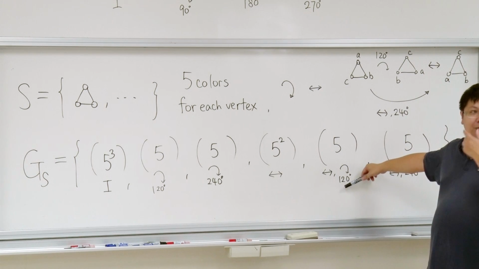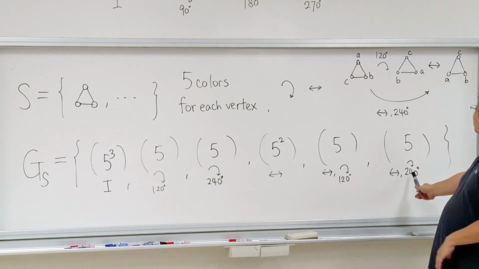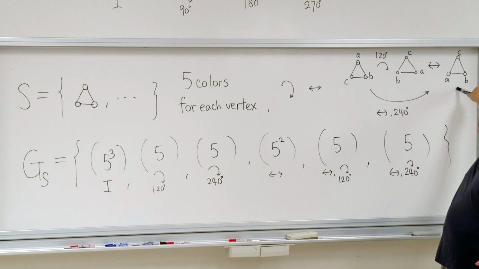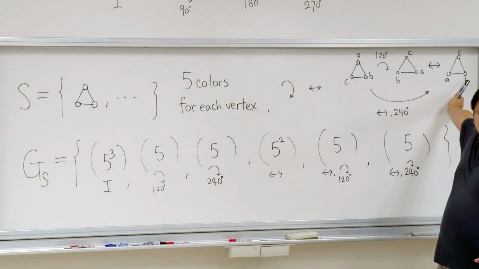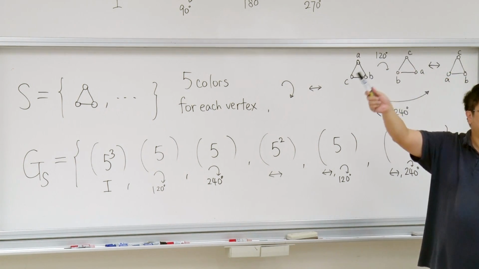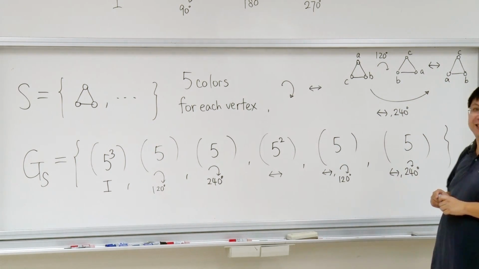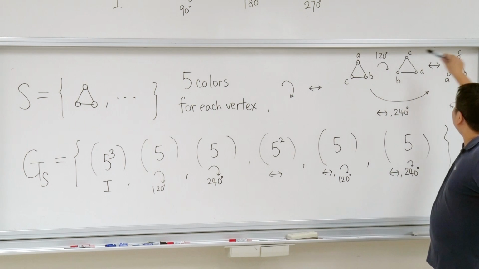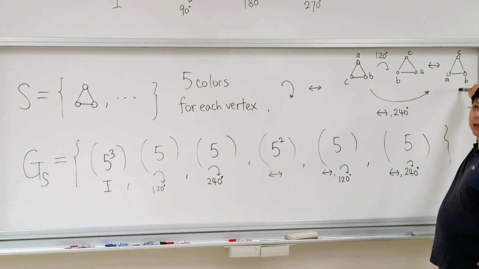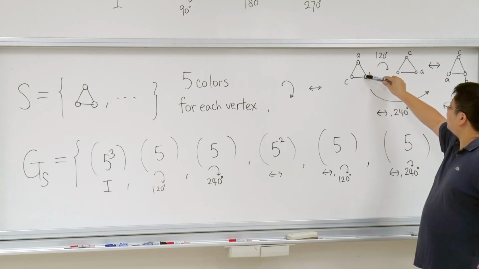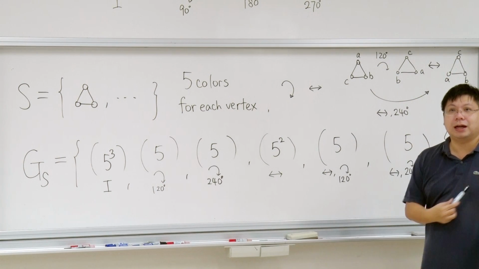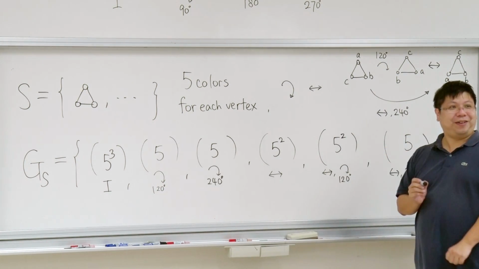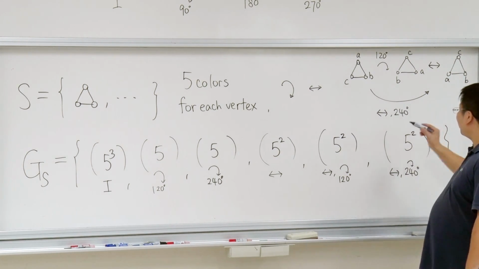This operation is like ABC, and then you get into this one. So the B does not change, and then we are just flipping A and C. So if I want this one to be invariant, then this one you can color in any color, but A and C you should color in the same color. So there are 5 square of them. And then this one is also 5 square.